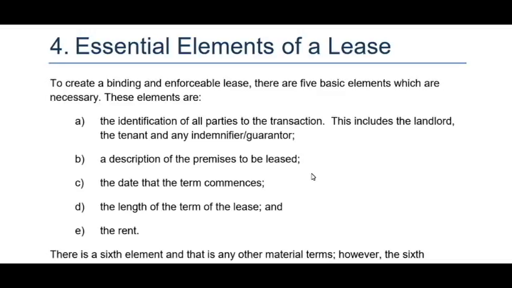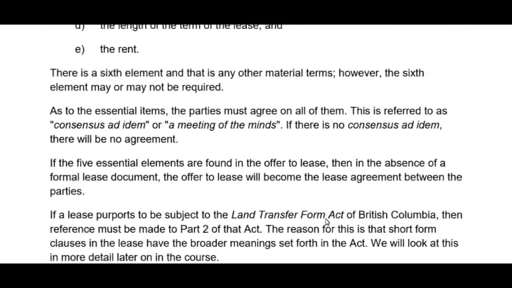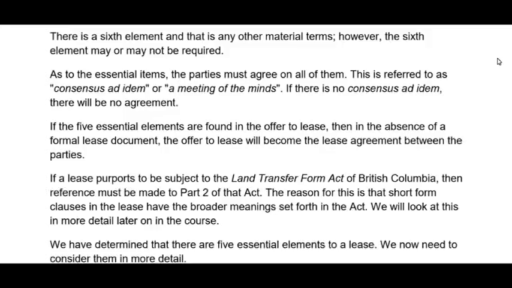C. The date that the term commences. D. The length of the term of the lease. And E. The rent. There is a 6th element, and that is any other material terms. However, the 6th element may or may not be required.